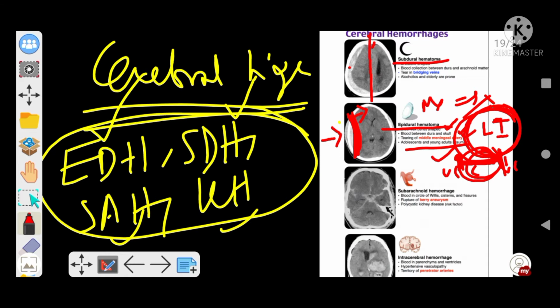Management is surgery. More than 30 cc clot size, more than 5 mm midline shift, and more than 1.5 cm thickness are the parameters to undergo surgery. And there is a particular named incision for EDH. It is the burr hole incision, correct? Burr hole incision.